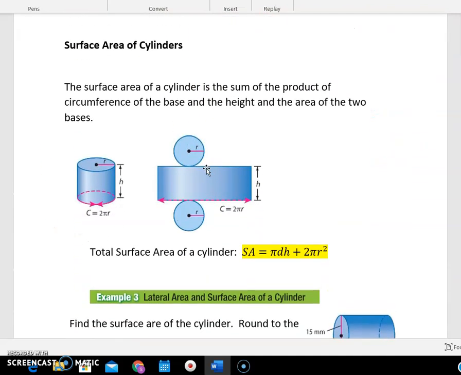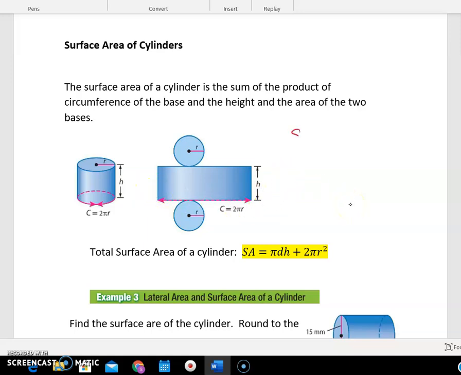Okay, so surface area of cylinders. Cylinders are very similar to prisms in that we have 2 bases, and then we have our sides. Our sides, if we open it up, you can see is one giant rectangle.